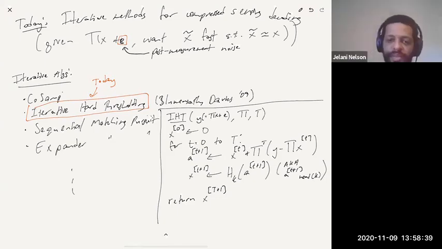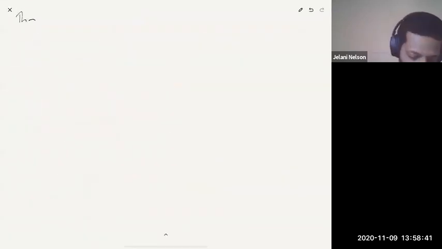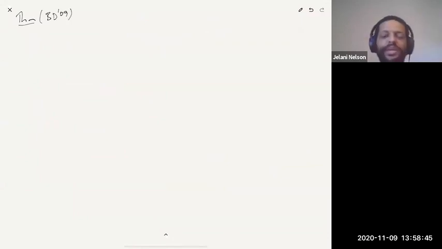Okay, so let me write the theorem down and then we're going to prove it. So theorem, and this is due to Blumensath and Davies in 2009.